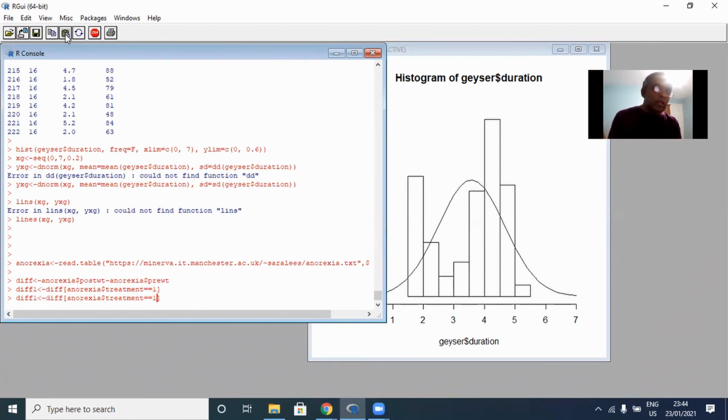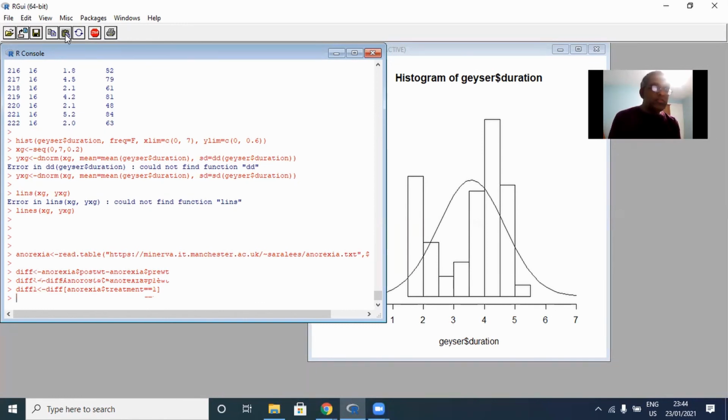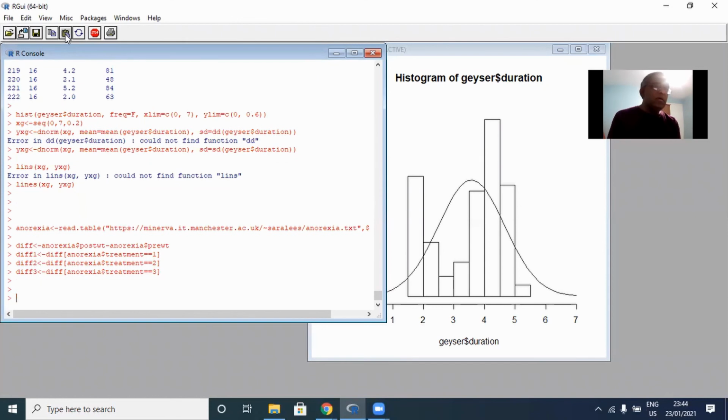Okay, and let's call it diff2. The differences in weight when the treatment is 2, and diff3 are the differences in weight when the treatment is 3. Now, I'm going to do the histogram for each of these objects and fit a normal PDF and see how they look. Right, so let's start with diff1 first. So I do the histogram of diff1, freq equal to FALSE.